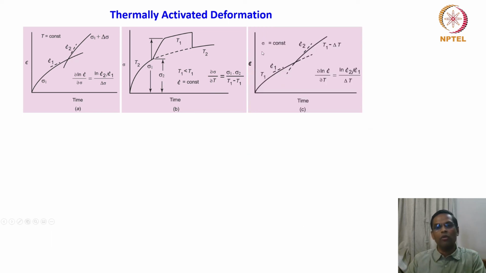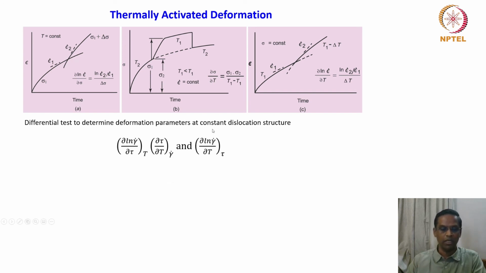You can also perform a constant stress test, create epsilon versus time plots, and derive these quantities. This is a differential test to determine the deformation parameters at constant dislocation structure. This is an assumption. So these are the quantities which you can find out from a simple high temperature tension test, and then relate with the activation volume.